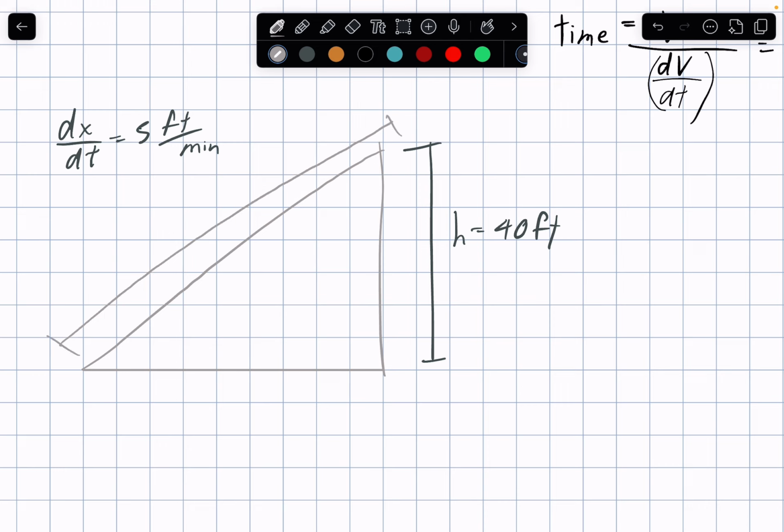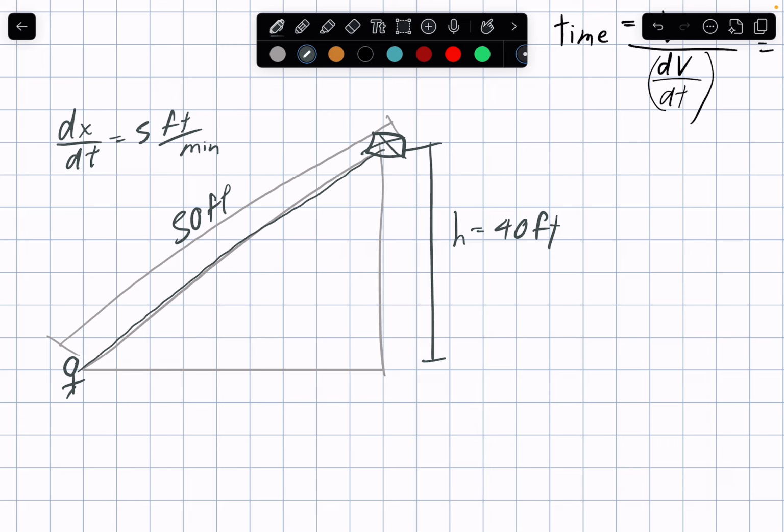So 50 feet of cord out. This is going to be the 50 feet hypotenuse. The boy is right here. The kite is right there. This is the cord. So how fast is the cord being paid out?